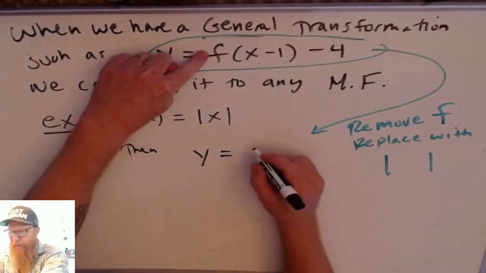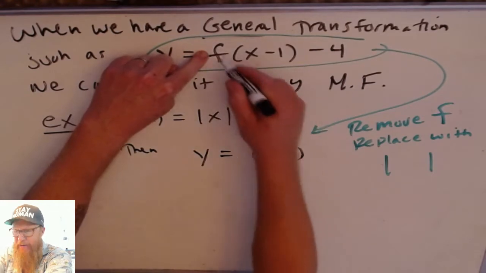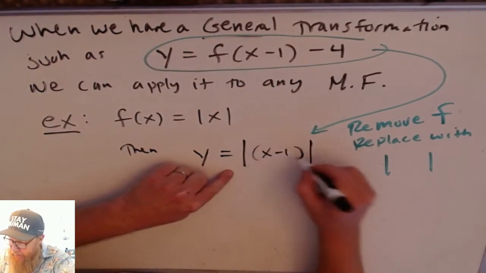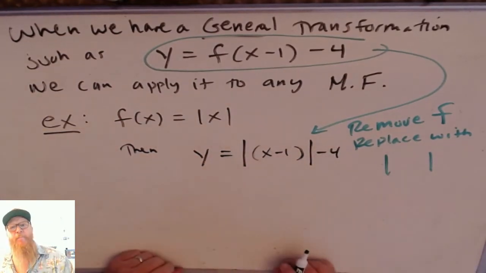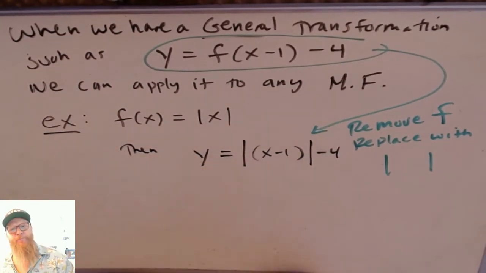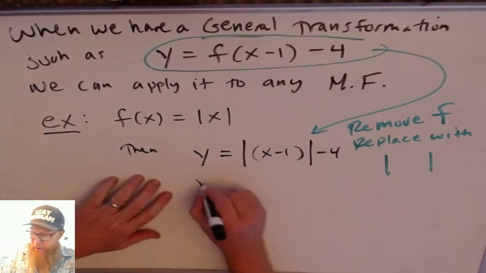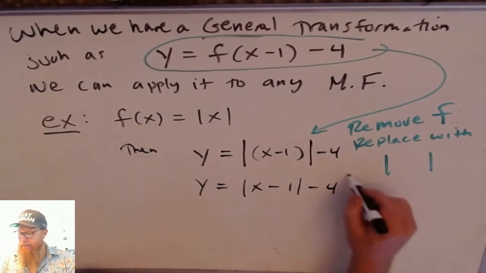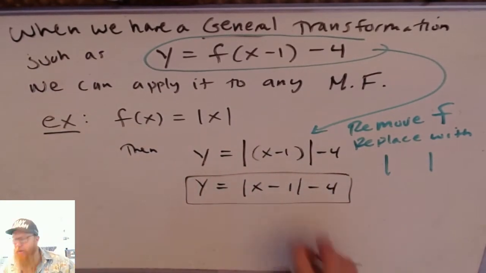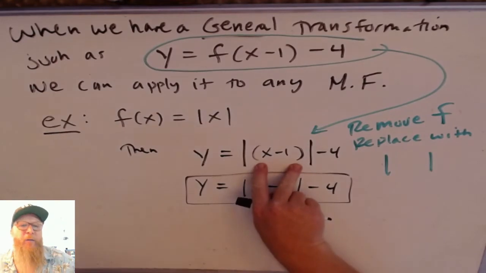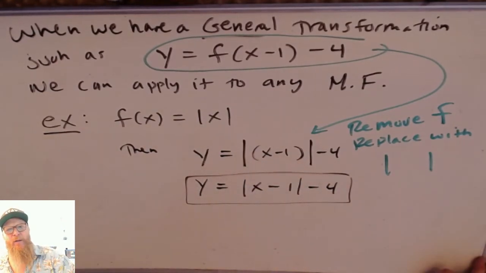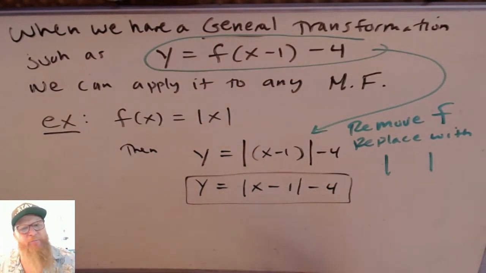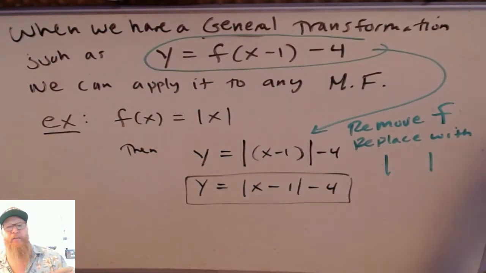So remove the letter f, and replace it with absolute value bars. And there you go. Usually we remove the parentheses as well for this type of function. Although if you keep the parentheses there, I'm not going to mark it wrong. It's still correct. So basically, f is just telling you some mother function. It could be any of the mother functions that we talked about.